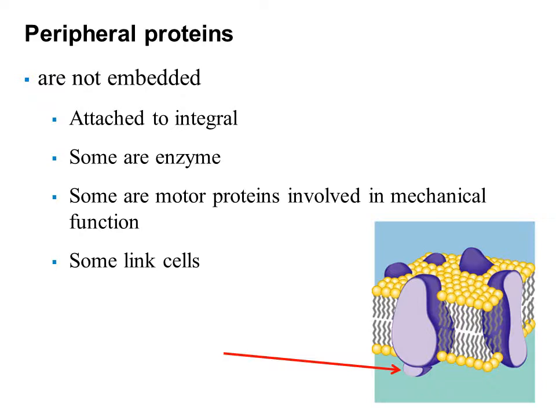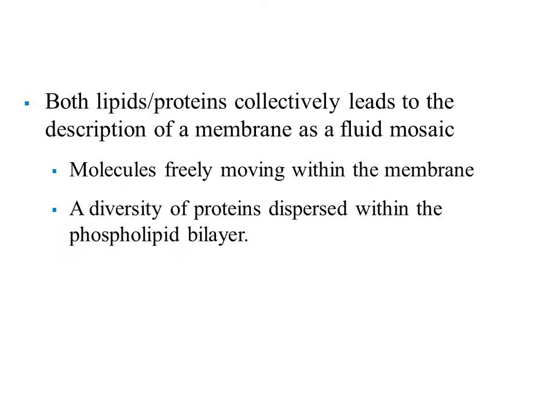Some are motor proteins involved in mechanical functions. And some link cells together like a rivet. So think of the cells of the skin. The cells of the skin are anchored to one another through these rivets that we're going to call peripheral proteins. They help hold adjacent cells together.